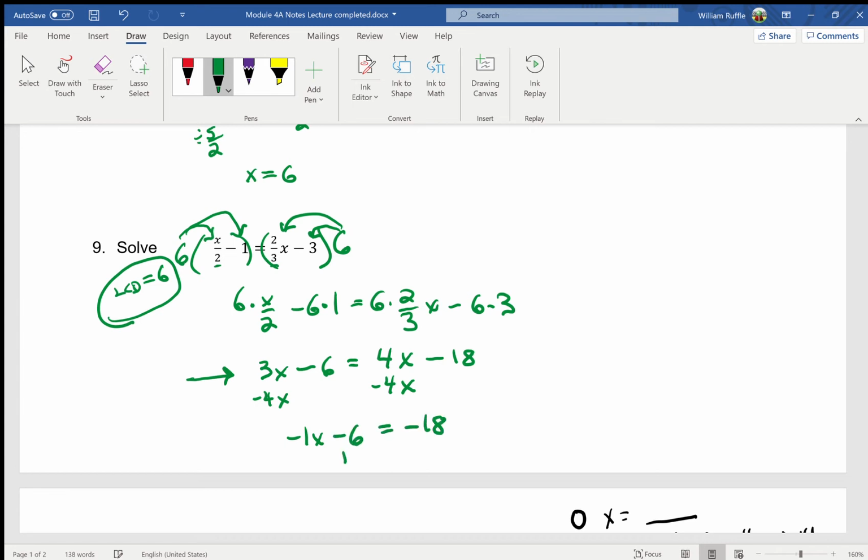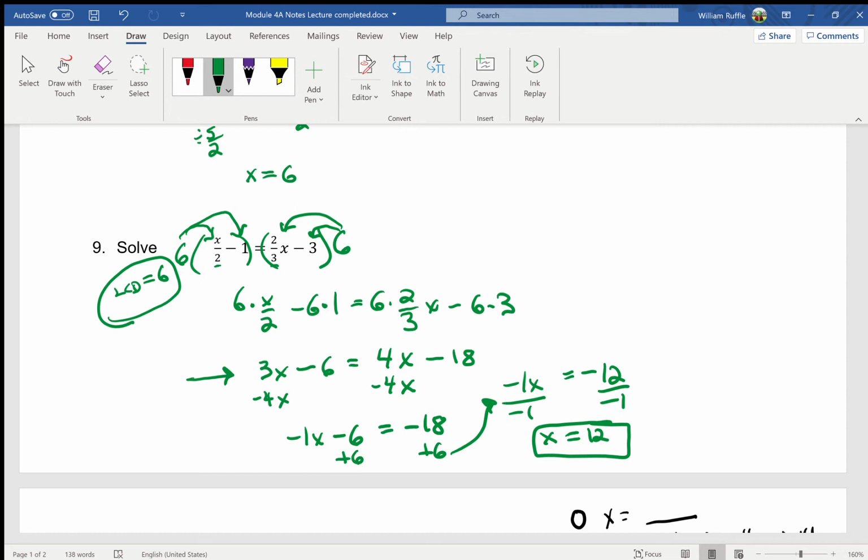So I'm going to add 6 to each side. Then I'm going to get negative 1x equals negative 12. So remember, with this negative 1x, I really have to divide each side by negative 1. So x equals positive 12, and that's my answer.